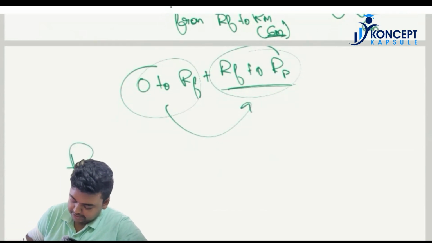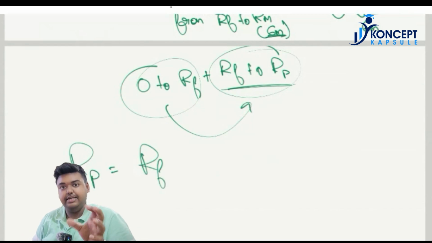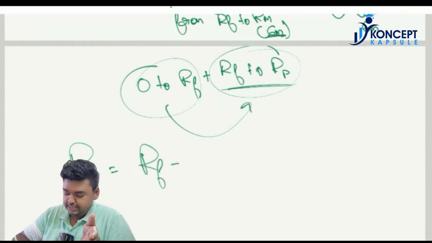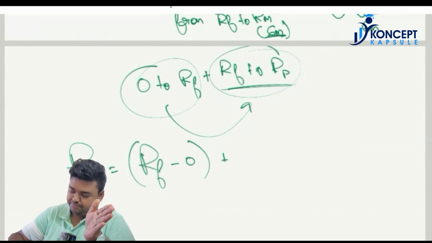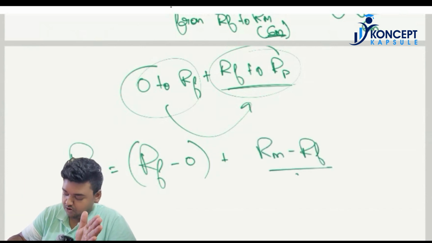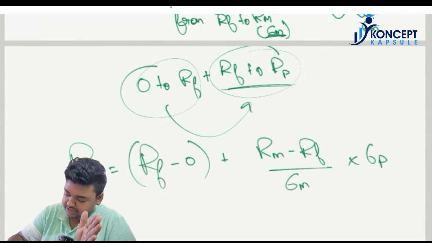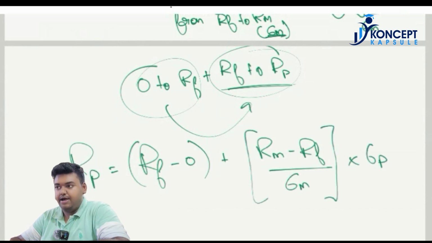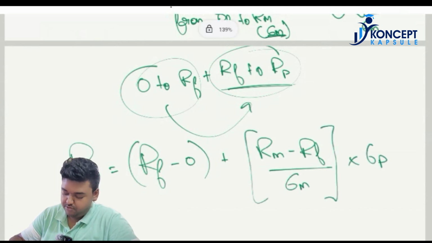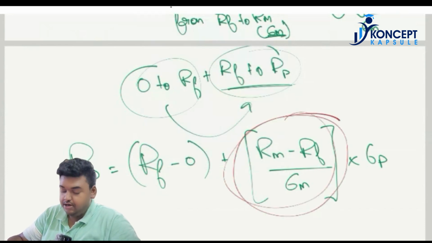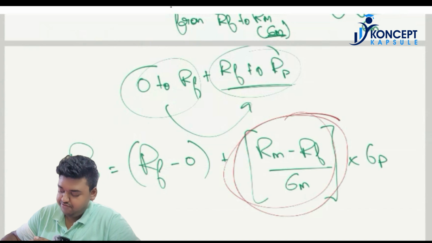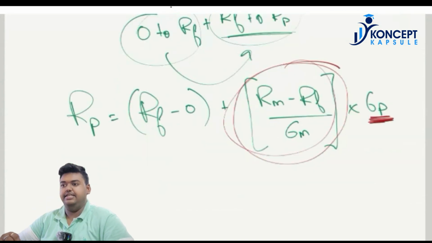That is why RP is equal to RF, which is nothing but the journey from 0 to RF, plus we are starting the journey from RF and we are trying to stop at the station of RP. This is the journey from RF to RM, and we are stopping at the destination of RP.